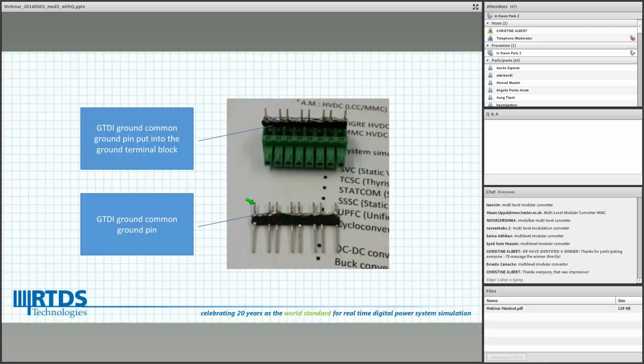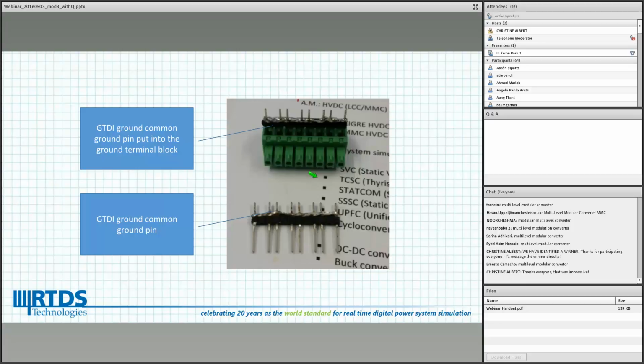Then you can take out one of those terminals from your GTDI card ground side. Then you can put this pin header with a common ground connection into it. Then we will have a common ground at the ground side of the GTDI card. It will make things much easier in terms of making the connection. So this is one extra preparation in order to create the same circuit as I have on my desk for the demonstration.